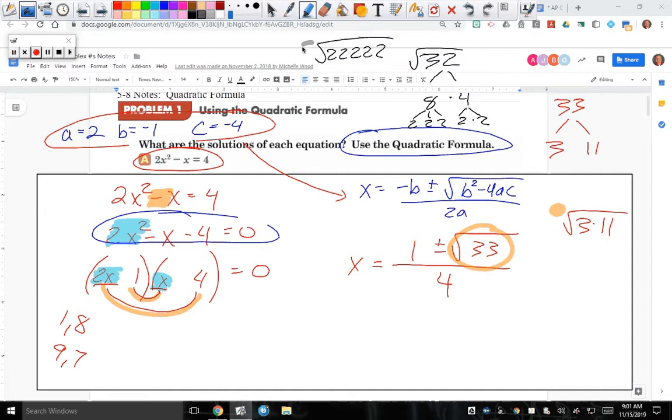If nothing is here, what number's understood? 2. That means they will come out in pairs of 2. This 4 will come out as 2. This 4 will come out as another 2. And this 2 that didn't have a pair will stay in there all by itself. So the simplified form is 4 root 2.